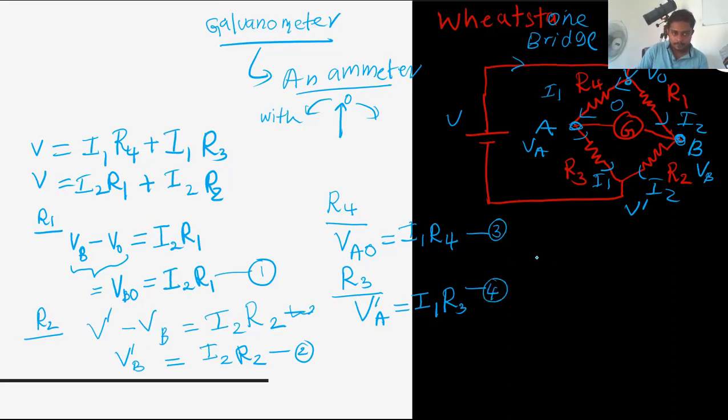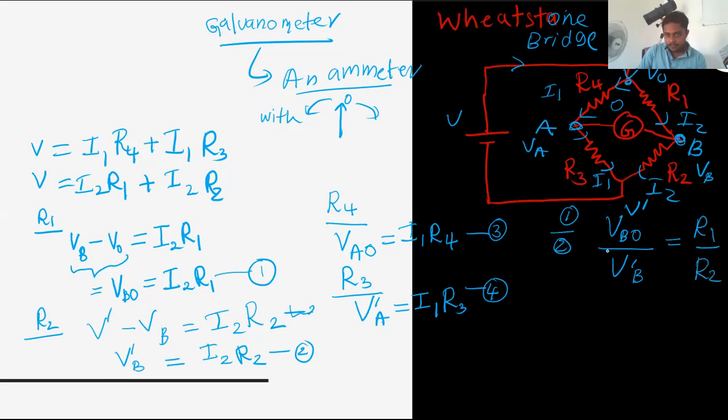Finally, I can divide 1 by 2, and I am getting VBO over V dash B as R1 over R2.